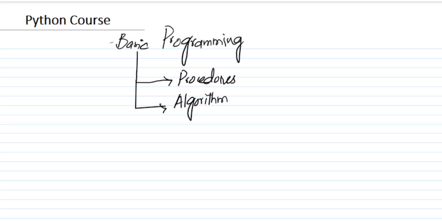And we have then discussed different methods of writing the algorithm, and one of those was the pseudocode, and the second was the flowchart.